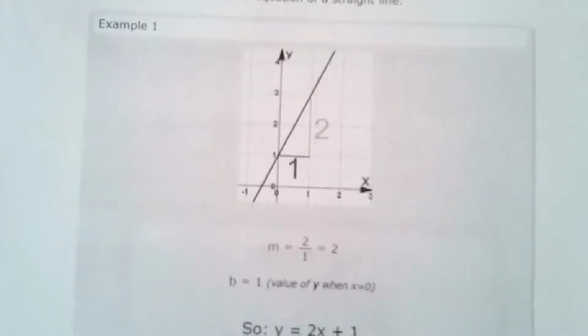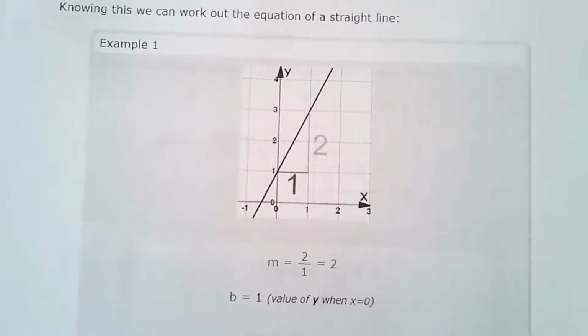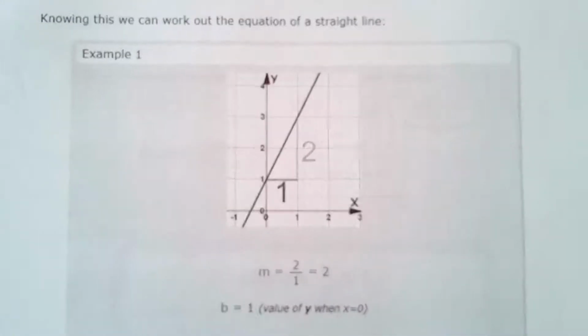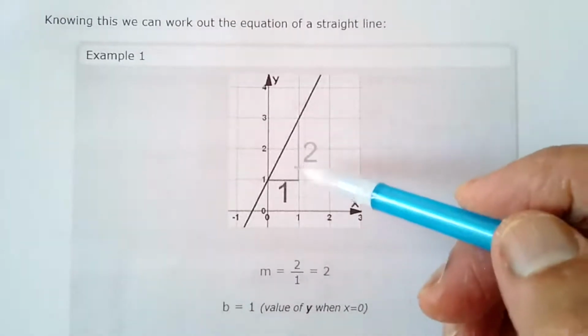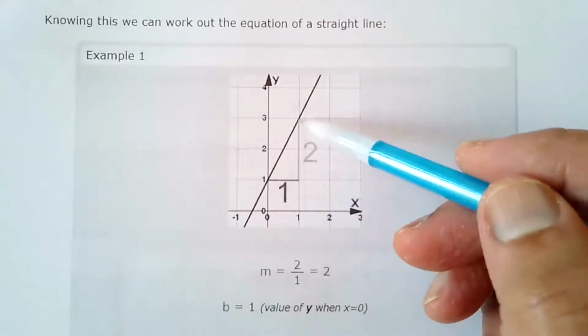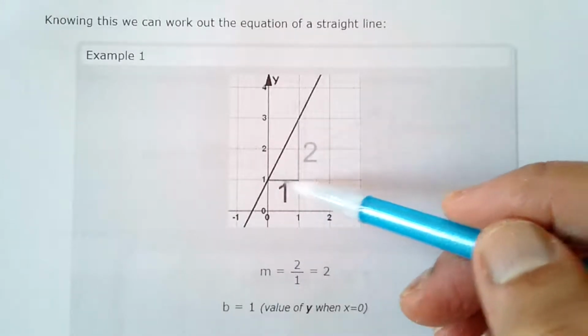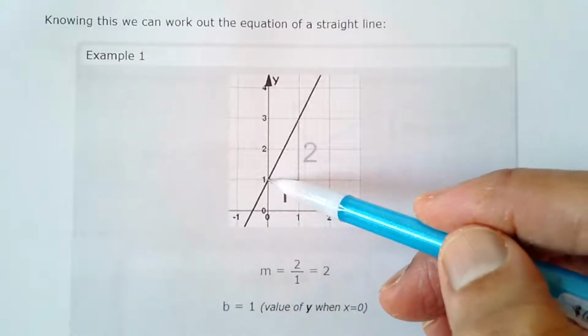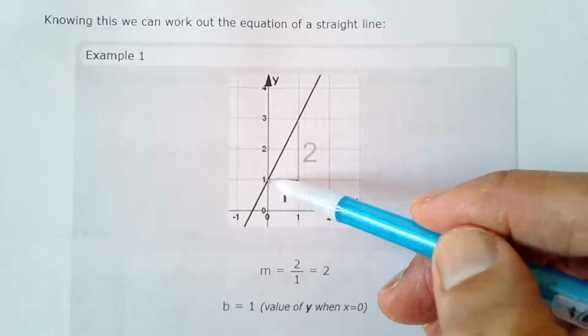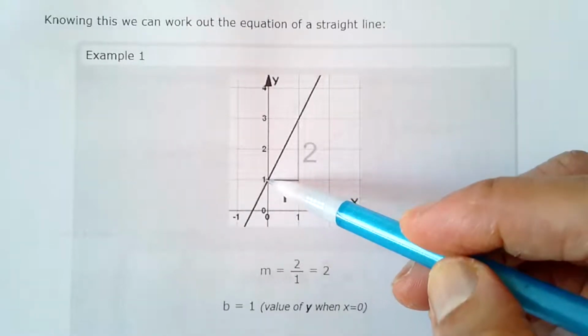So let's look at another example here. And this is what we just did here, and it's a bit clearer, right? So here we have a line. The y-intercept here is 1.